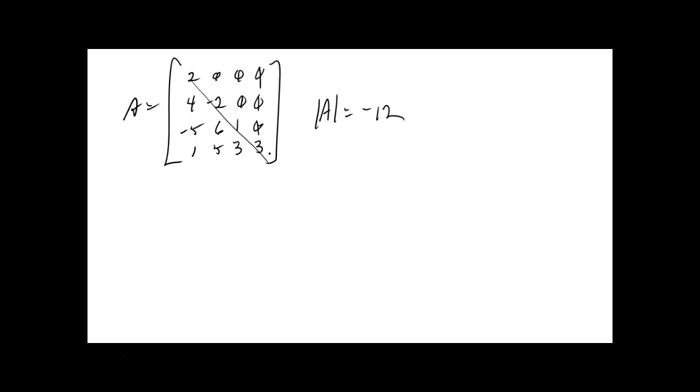Done. Because all the other products of everything else are going to involve a 0, and that's going to be 0. So that is really easy to do, the determinant of a triangular matrix, either upper or lower triangular. Just do the product of your diagonals.